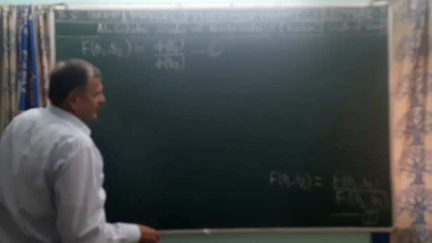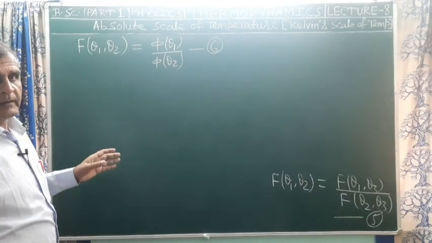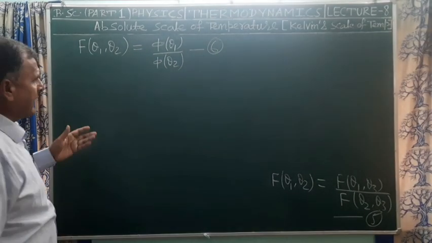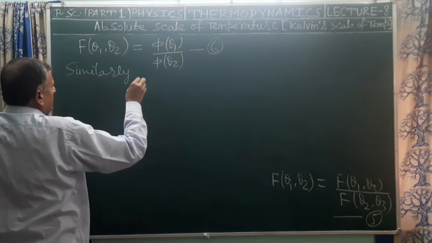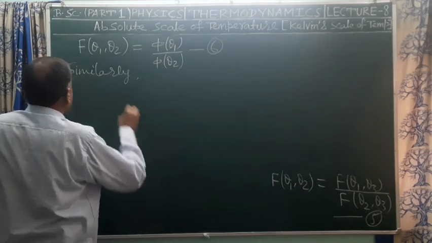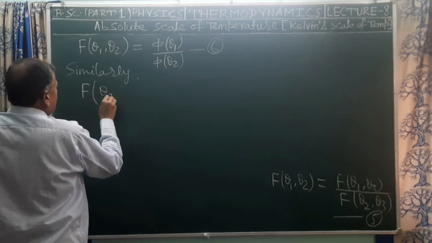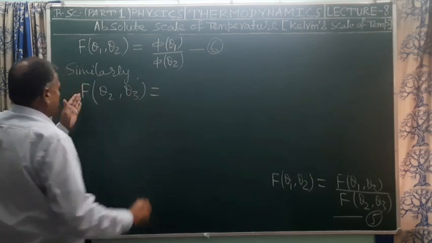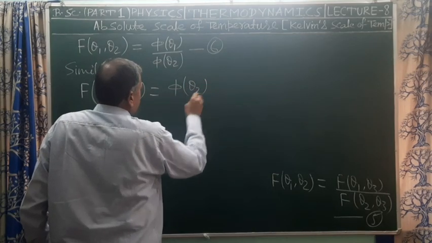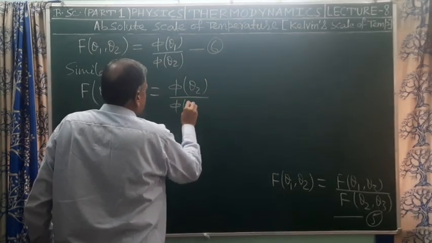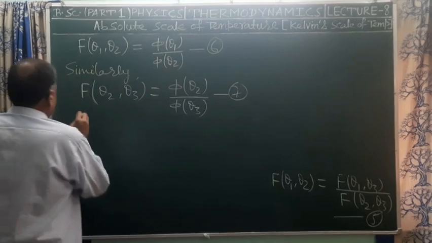Similarly, for the other two reversible heat engines, we can write f of theta 2, theta 3, that is f under bracket theta 2 comma theta 3 equals phi theta 2 upon phi under bracket theta 3, and suppose it is equation number 7.